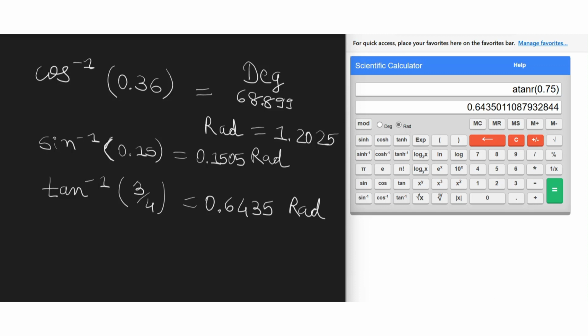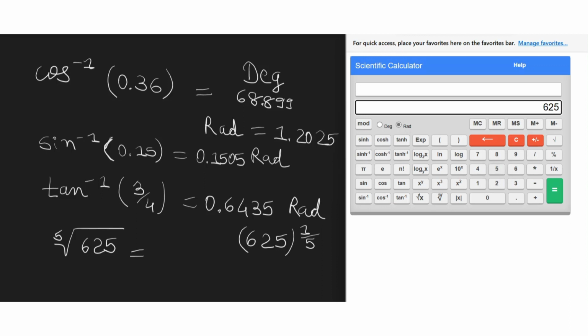And one last example I want to take, which is suppose I want to find the fifth root of any value. Like I need to find the fifth root of 625, which I can even write as 625 raised to 1 by 5. Here type 625 and then press y-th root of x.